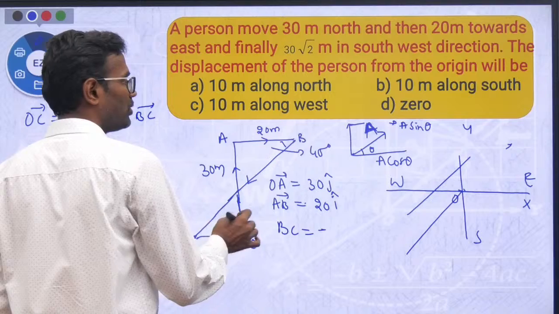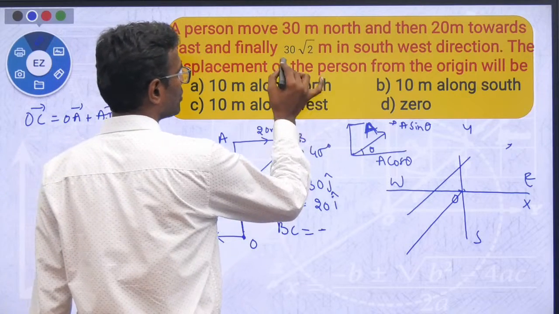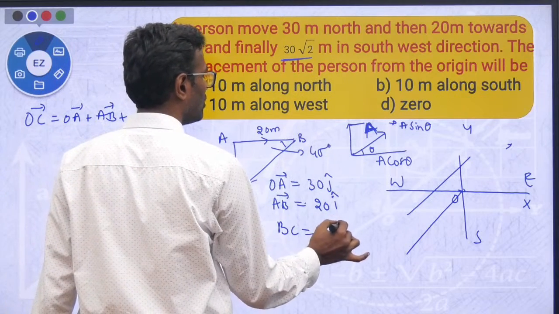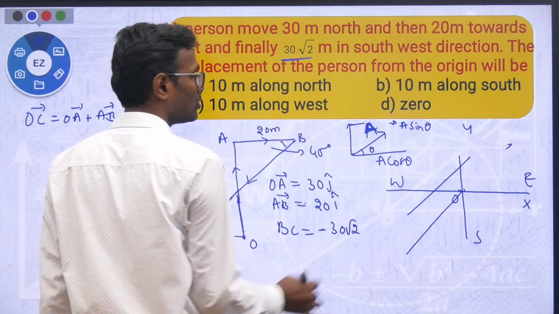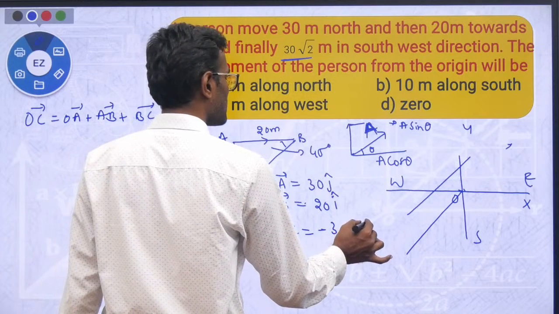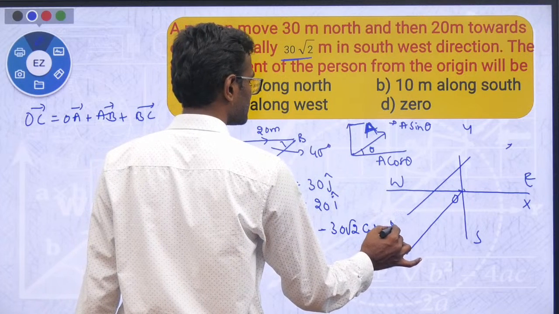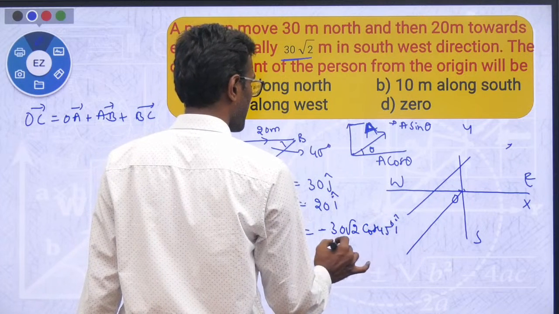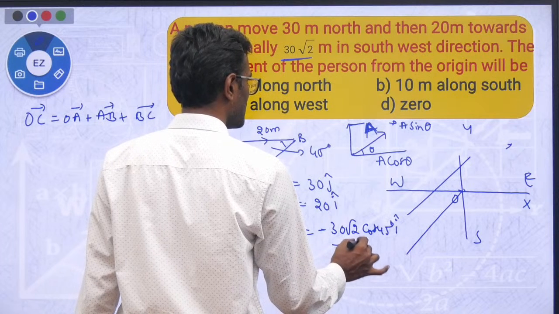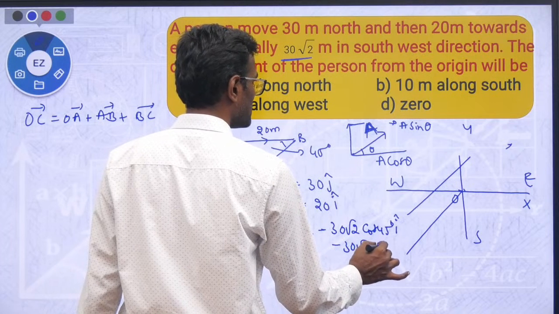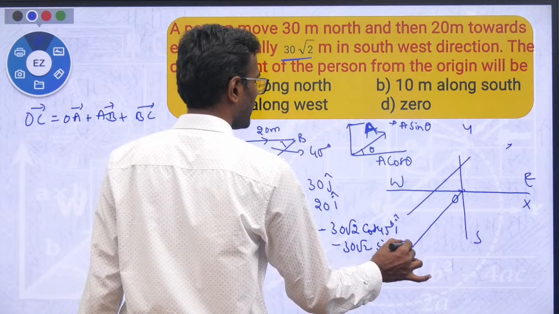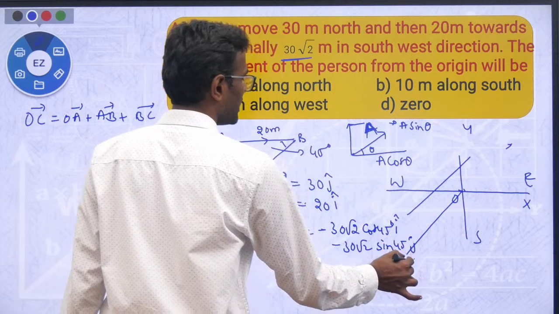How much is the magnitude? 30 root 2 cos 45 degrees i cap minus 30 root 2 sin 45 degrees j cap.